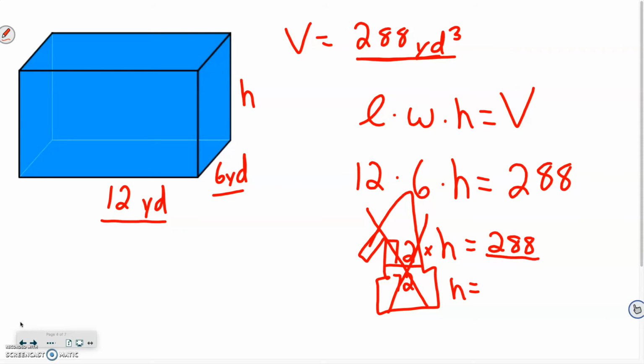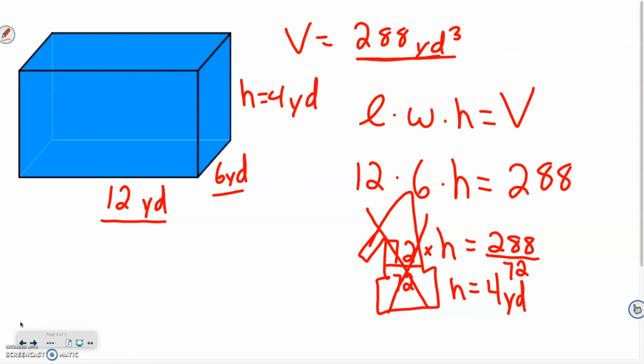So if I divide the left side by 72, I divide the right side by 72. Okay? And then you can type in your calculator 288 divided by 72. Do that, please. What do you get? You should get 4. And your label would just be yards, right? Because it is 4 yards here, not cubed.